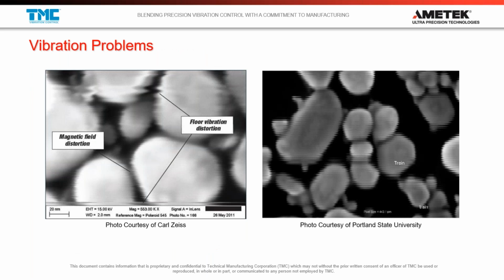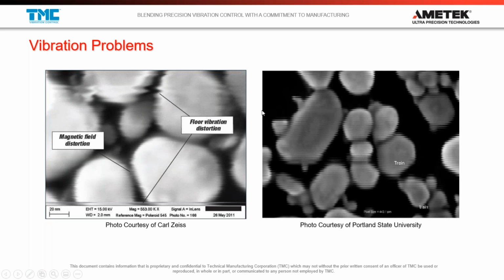And so, what do we see when we see vibration problems? Well, here's a couple of scanning electron microscope images at a magnification of roughly 3,000 to 5,000 times. When you're using a scanning electron microscope and you've got a vibrating floor, you're going to see these waves in the images.